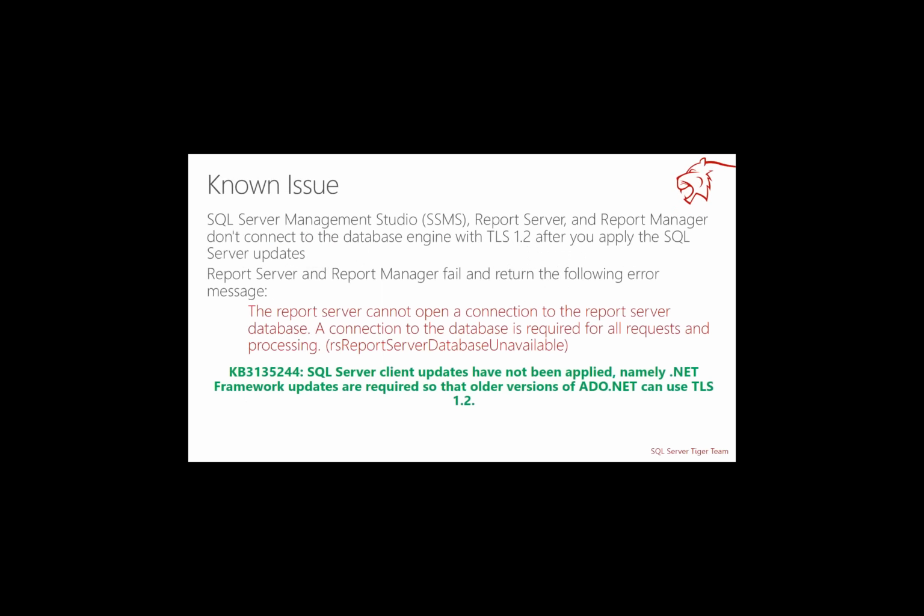The first known issue that might happen is if you have a client which connects to the database engine and you have updated only the topmost part, which was the failover cluster instance in my previous slide, you would see that the client is unable to connect. You get various connectivity-related errors, and all of these point to the fact that the client driver or the client application is not able to connect to the SQL Server instance.